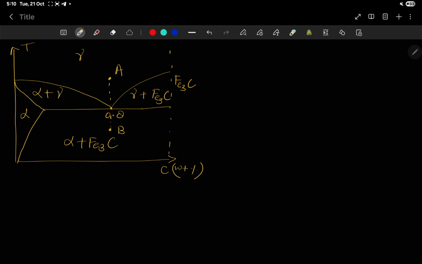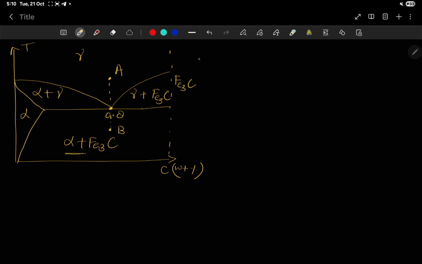Okay, so this 0.8 is called what? Eutectoid point, and we have seen the eutectoid reaction. No need to write it here, we have written it many times. So at 0.8, gamma will convert into what? Alpha plus Fe3C.